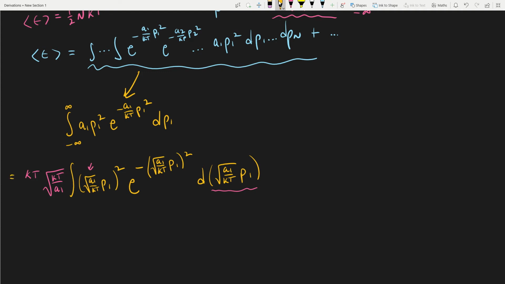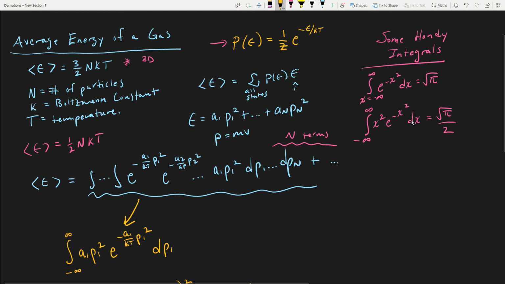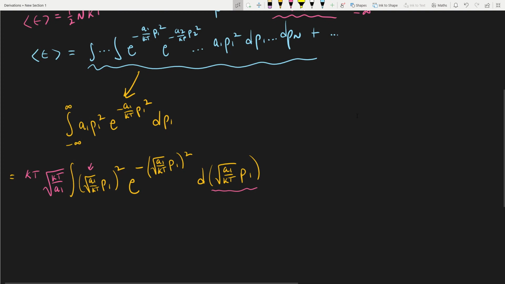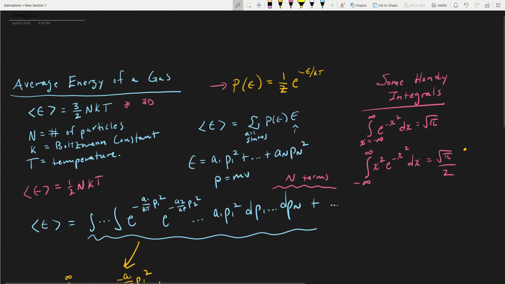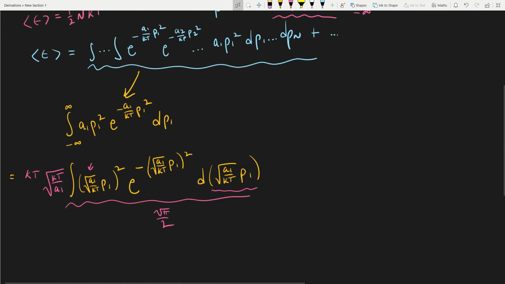So we started here. Basically what we have is an integral of the second form of these Gaussian integrals up here. We have this guy. So what we get, and we know that all of this, let's use pink again, all of this is equal to root pi over 2, as our handy integral up here shows, where that orange dot is.